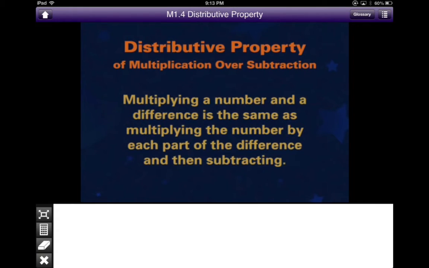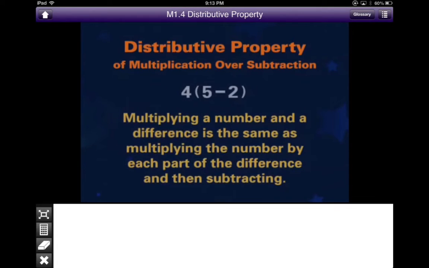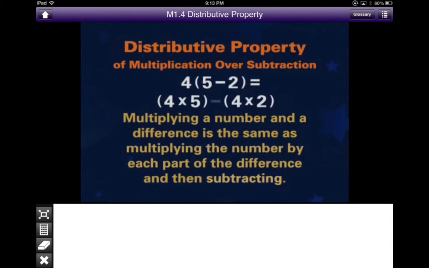Huh? I don't get it. What? Maybe an equation will help. Multiplying a number and a difference is the same as multiplying the number by each part of the difference and then subtracting.